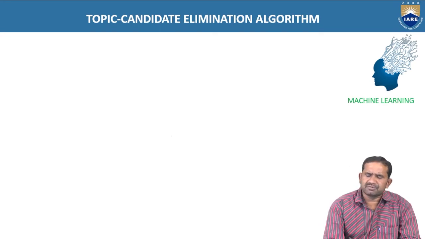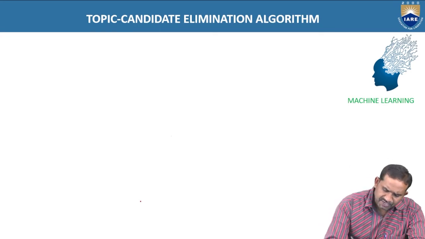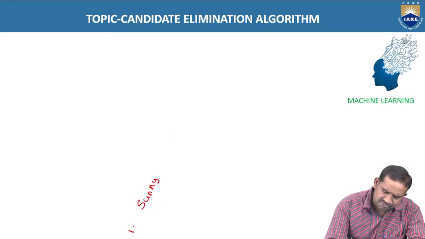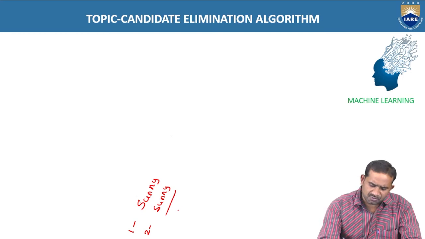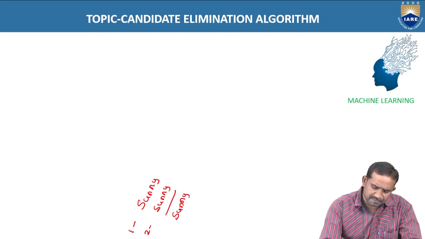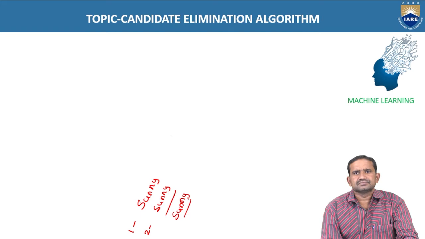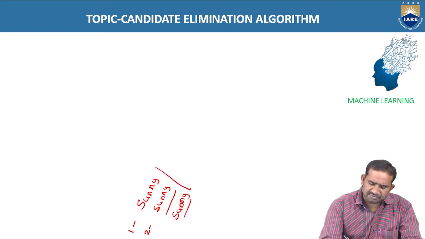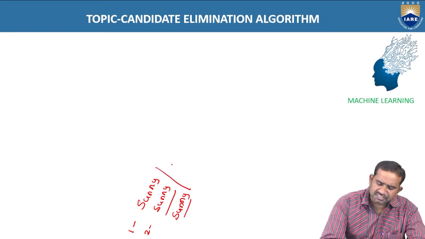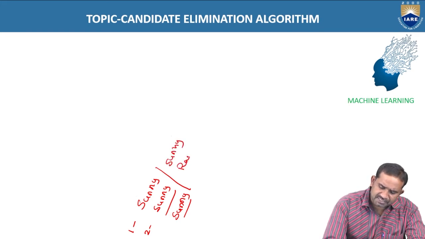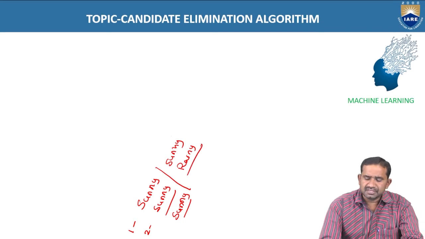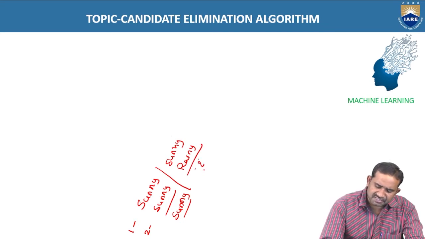For example, if Sunny is there in the first example and Sunny is there in the second example, the result is the same parameter, Sunny. Whereas in the second case, Sunny is there in the first example and Rainy is there in the second example. Here it comes under generalization, means generalized.